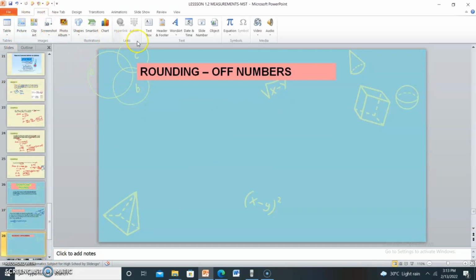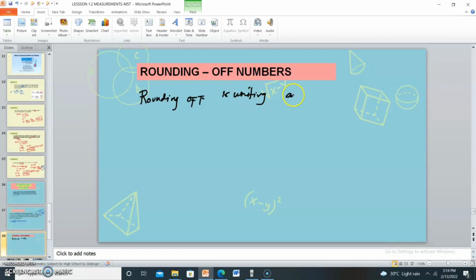Next is rounding off. Rounding off numbers means writing an answer to a given degree of accuracy.